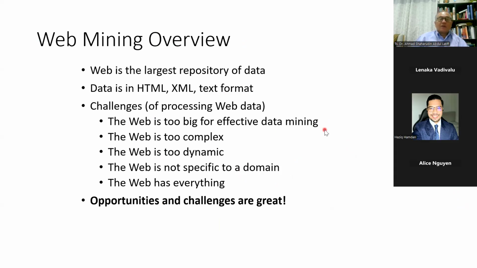Yeah. So we move into web mining. I think by now you are aware that we have the World Wide Web developed around 1995, riding on top of the internet, which commenced in 1960 something, actually under ARPANET.